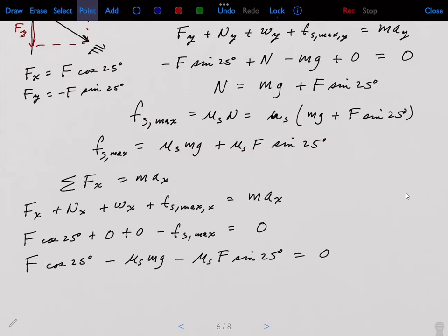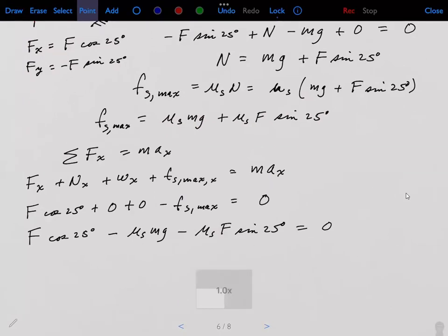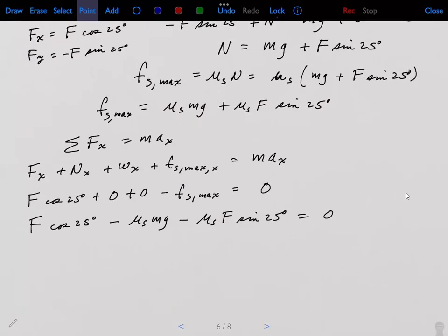Now, what are we trying to find here? Remember, we're trying to find the applied force, right? What is the magnitude of F? So I need to solve this for F. If I solve this algebraically for F, I'm going to have F times cosine of 25 minus mu s F sine of 25.